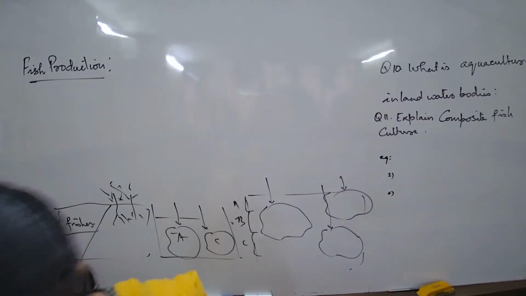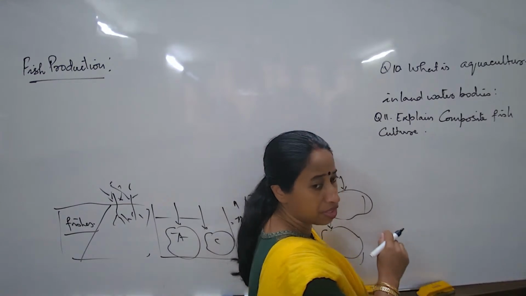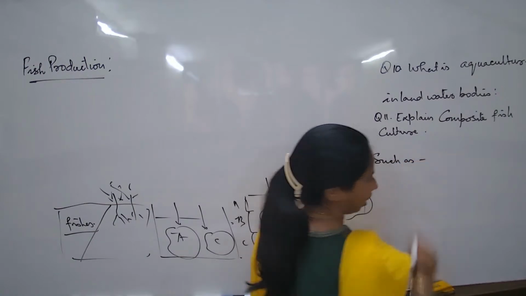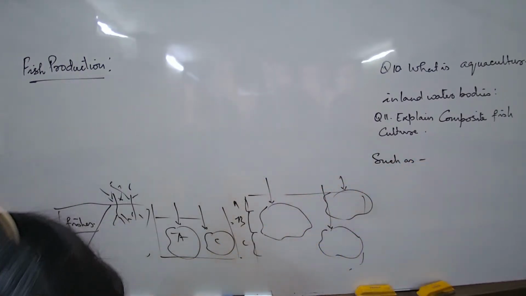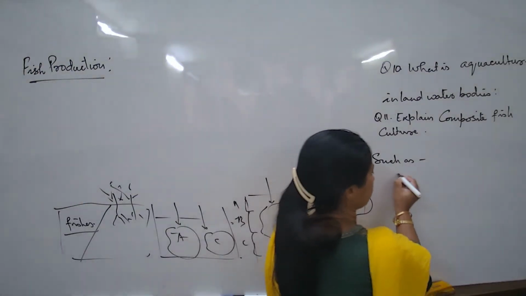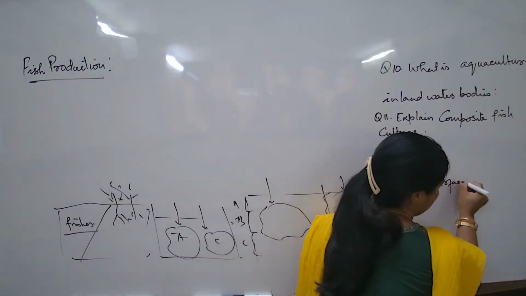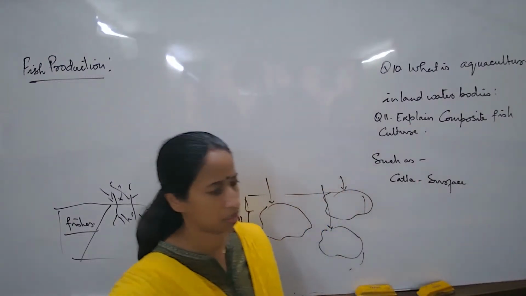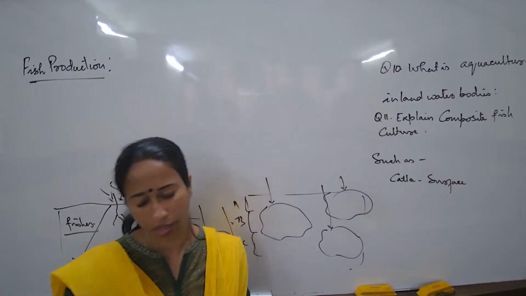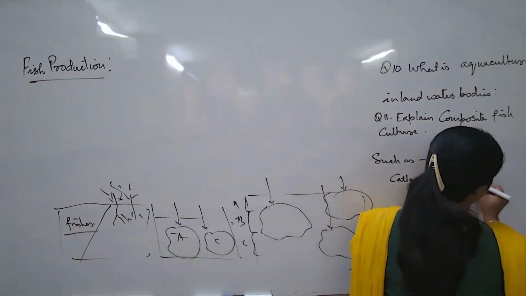Survive in different zones of the water body, full stop. Next line you come, such as Katla, put a dash, surface feeders, you can write.